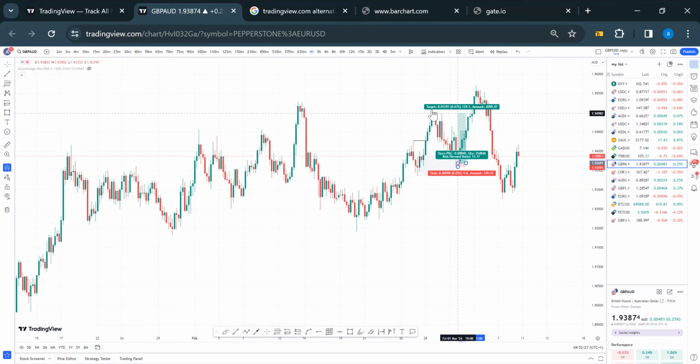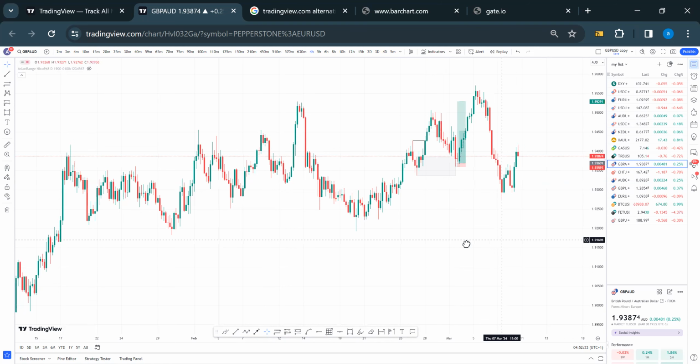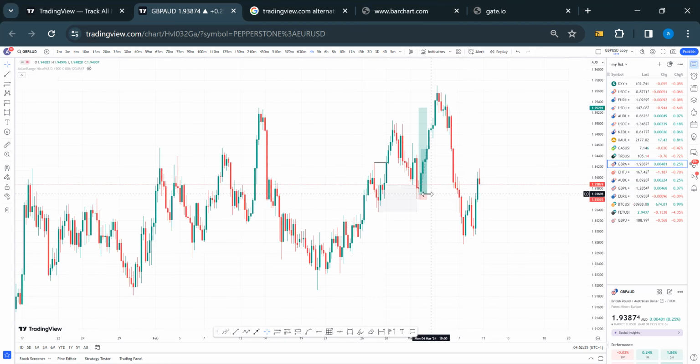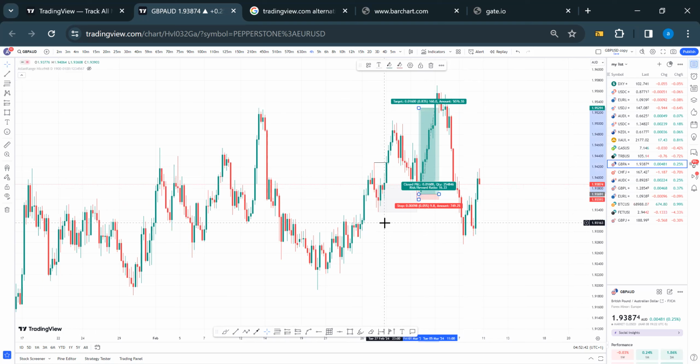Some people might decide to target this high, this one. Anyone you want to target out of them is okay. So that's 160 pips. So basically, this is how the strategy works.